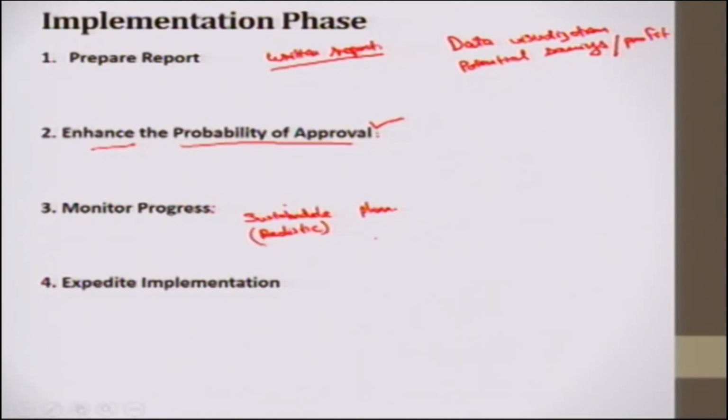Next is expedite implementation. To minimize delays in the implementation process, the value engineering team should provide assistance, clear up misconceptions and resolve problems that may develop in the implementation process.